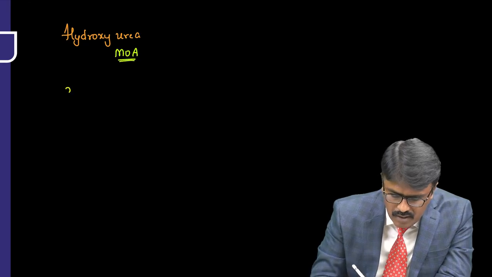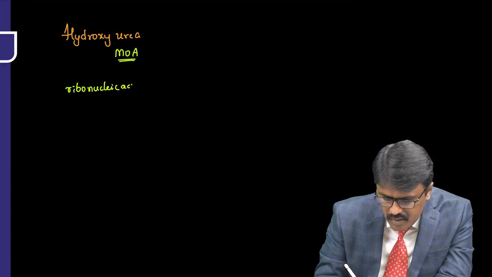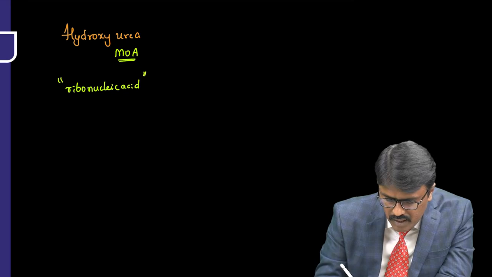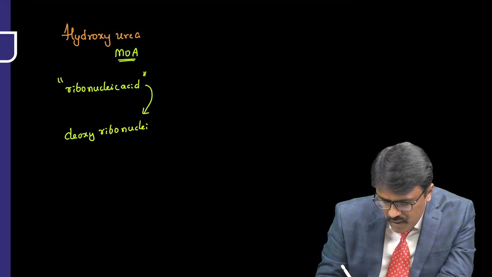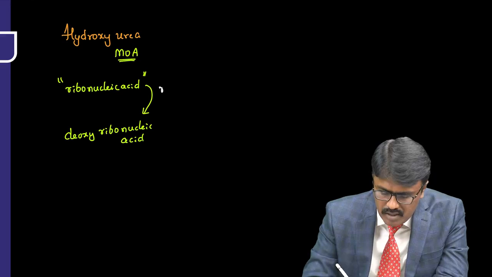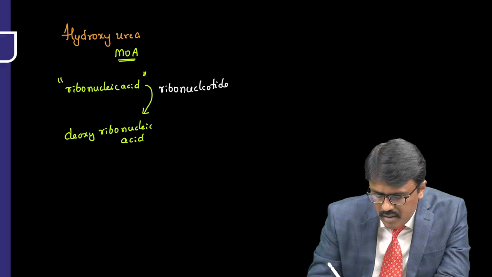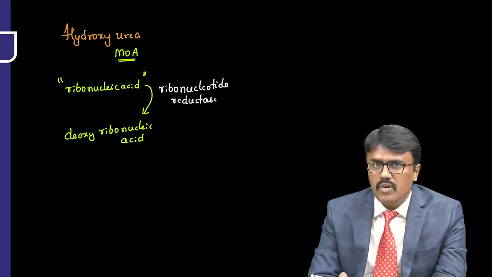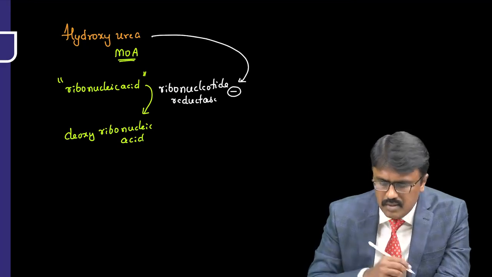It will not allow the conversion of ribonucleic acid into deoxyribonucleic acid. There is an enzyme called ribonucleotide reductase that converts ribonucleic acid into deoxyribonucleic acid, and hydroxyurea inhibits this.